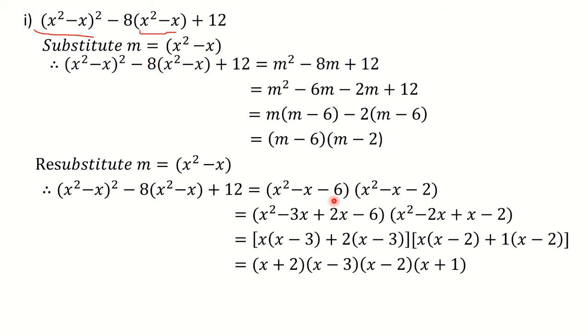So 1 into minus 6 is minus 6, and the difference is 1. Do I have numbers where the multiplication is 6 and difference is 1? Yes, they are 3 and 2. 3 times 2 is 6 and 3 minus 2 is 1. But for the bigger number we are going to take the middle term sign. Therefore this middle term is split as minus 3x plus 2x.